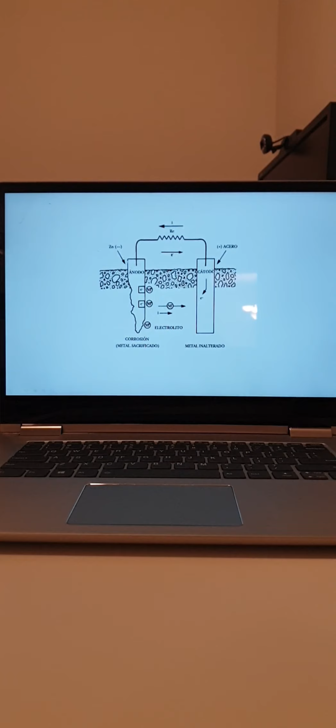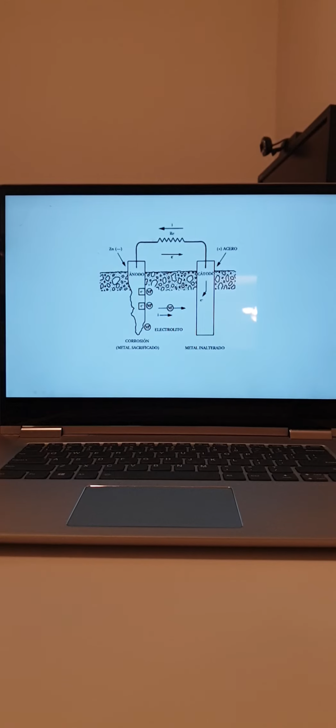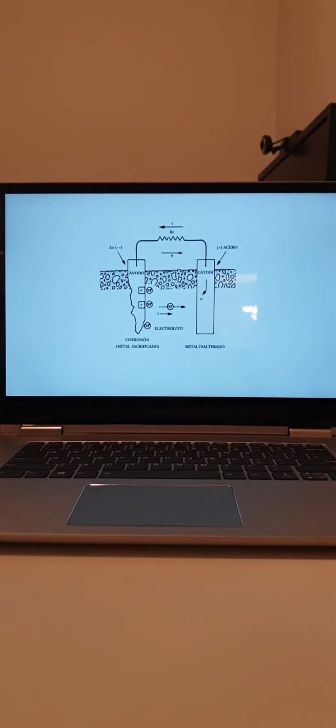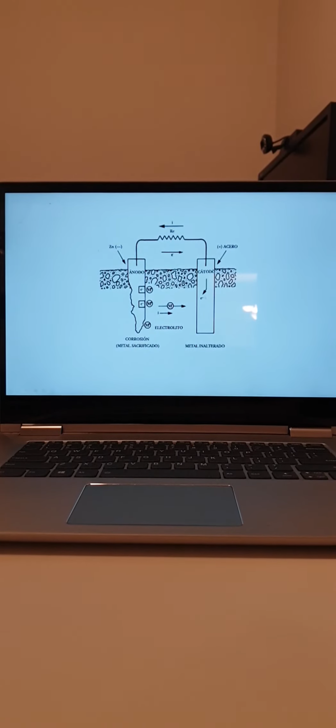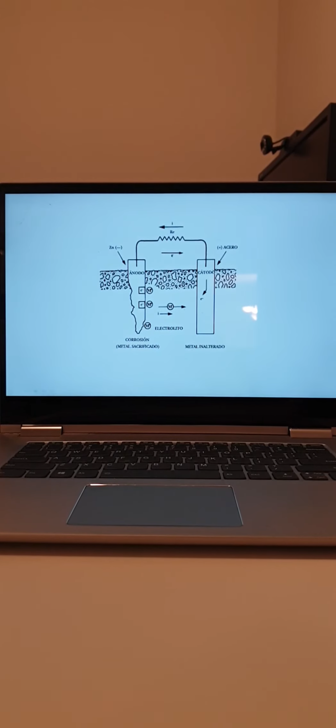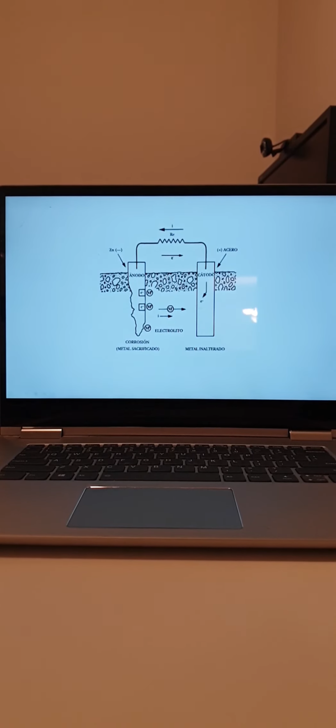The electrochemical cell, for example, we have zinc and the steel. So the electrochemical cell will basically move electrons from the anode to the cathode. So the cathode becomes saturated with electrons, and then the ionic flow is basically moved there and reduced at the cathode.